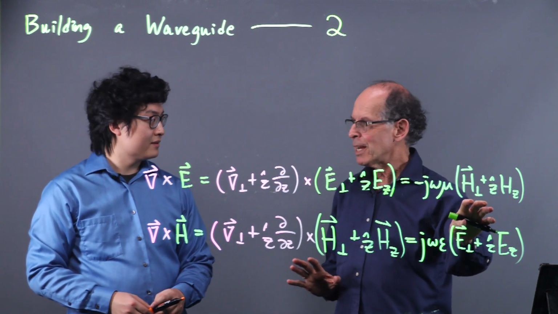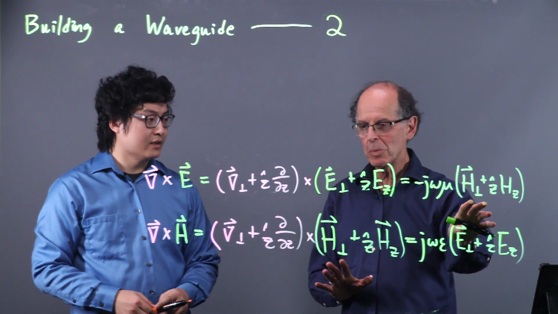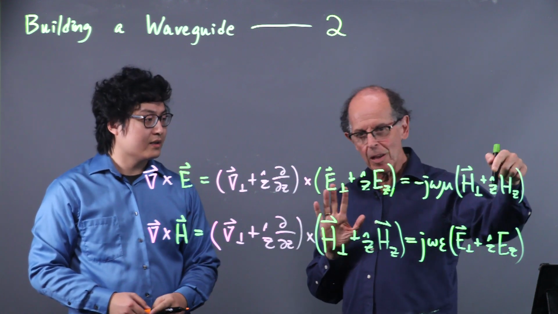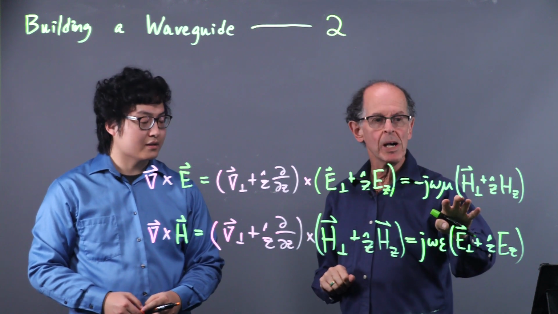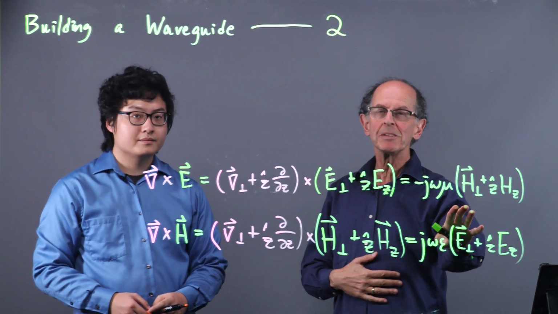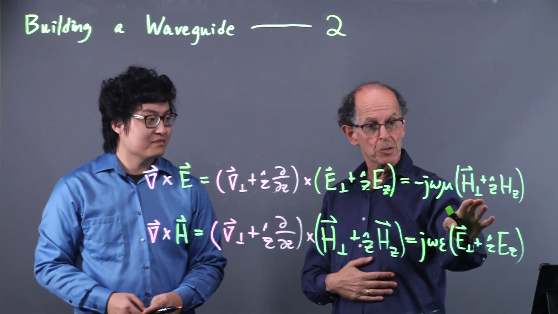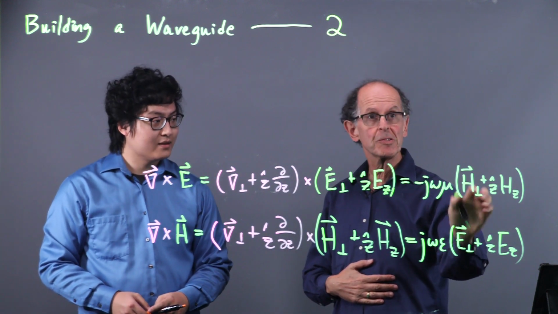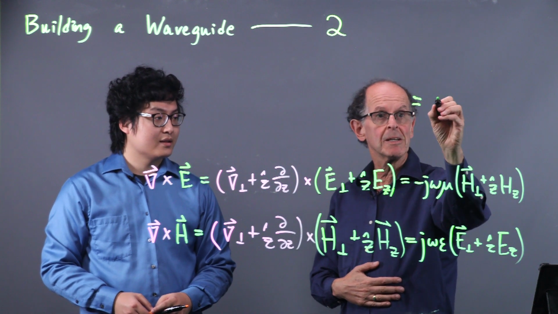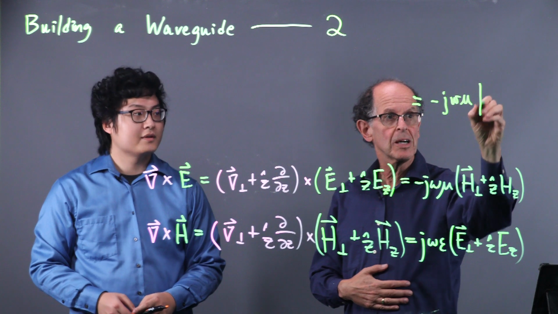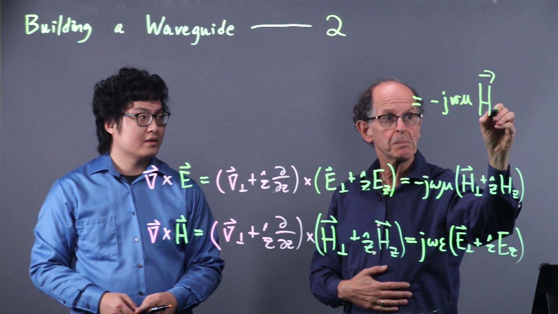We have transverse components in the xy plane, if you like, and normal to it along the axis of the guide. So we're going to focus in building a waveguide 2 on the transverse components. The transverse component of this side is clearly minus j omega mu times H perpendicular.